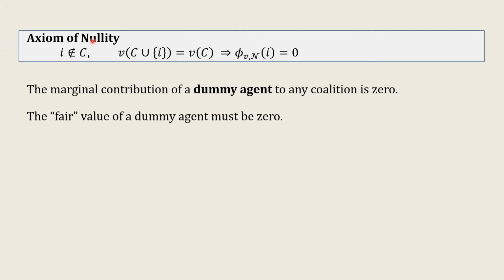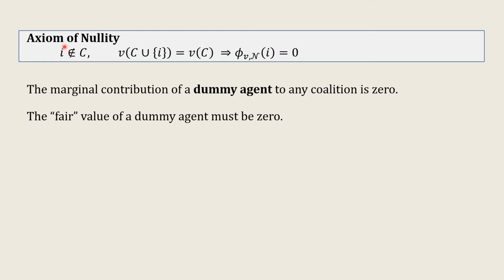The axiom of nullity. Consider an agent I and a coalition not containing agent I. Suppose for every such coalition, the value of C union I is equal to value of C. In other words, the marginal contribution, which is the difference, is always 0 for any such coalition C. Then this fair value phi of I must be equal to 0.